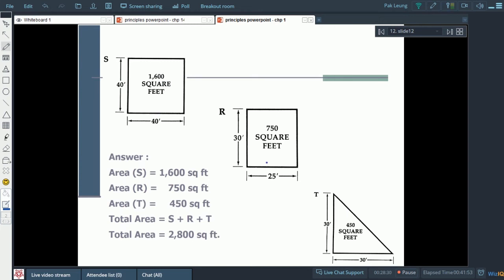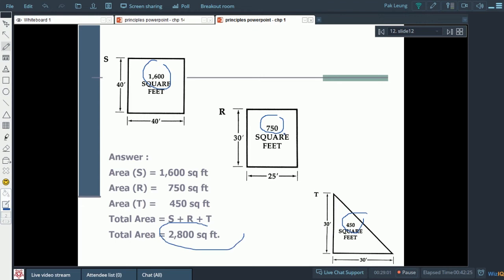40 times 40, 1600 square feet. 40乘40, 1600方尺. And now we have 30 times 25, 750 square feet. 30乘25等于750方尺. And then the triangle, 30 times 30 divided by 2. 30乘30除2. 450 square feet.